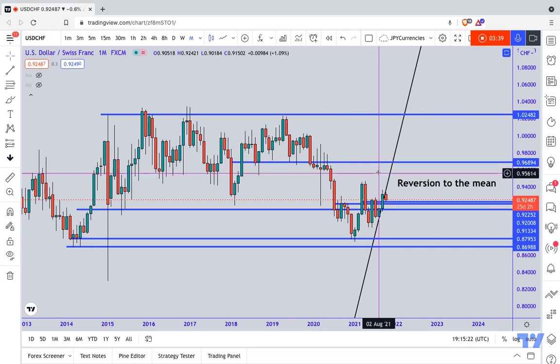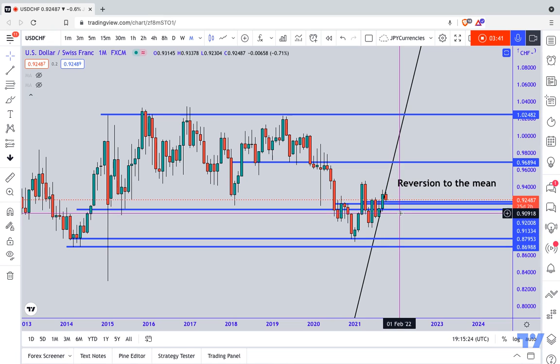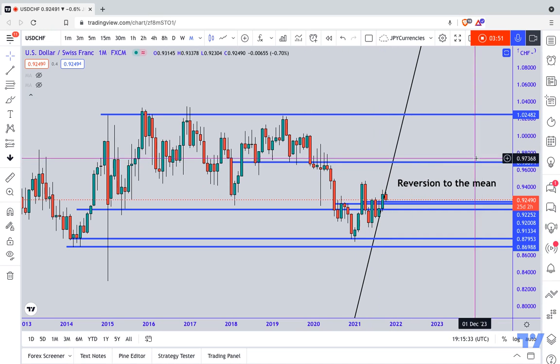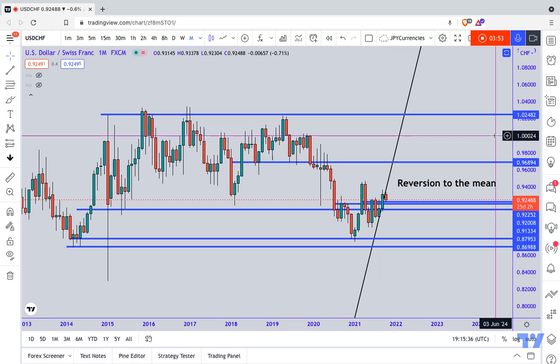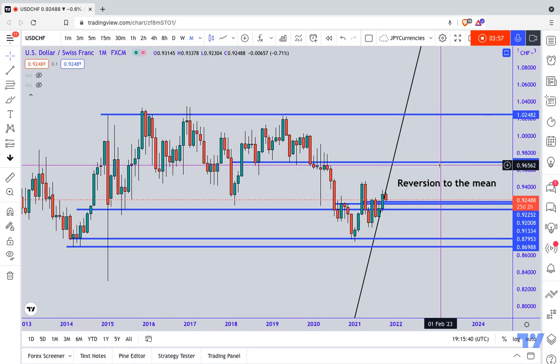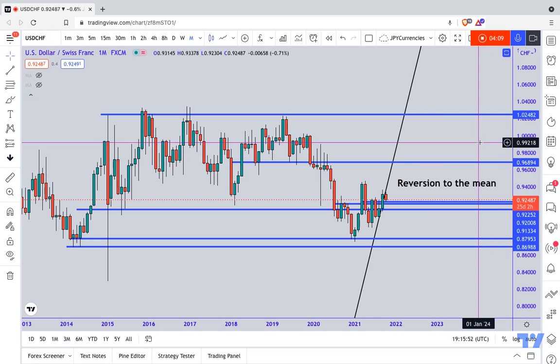Now it looks like we have broken out of the neckline and are retesting it, and I'm targeting at least this midpoint, if not the $1 exchange rate price. At the very minimum, this is what I'm going to target, 0.9690. Let us head to the daily chart.